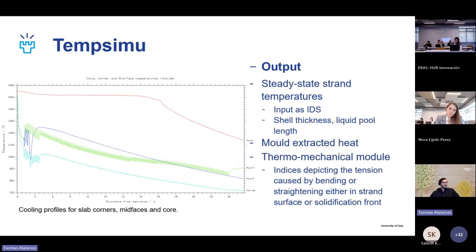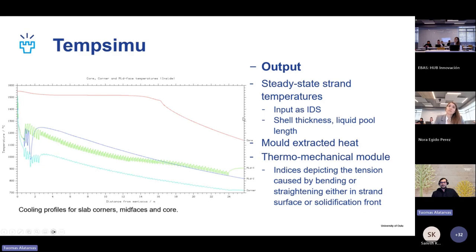And as an output from TempSimu, we will get these steady state strand temperatures. Here is an example result of the calculations. So we can track the temperature evolution in different parts of the continuous casting strand.